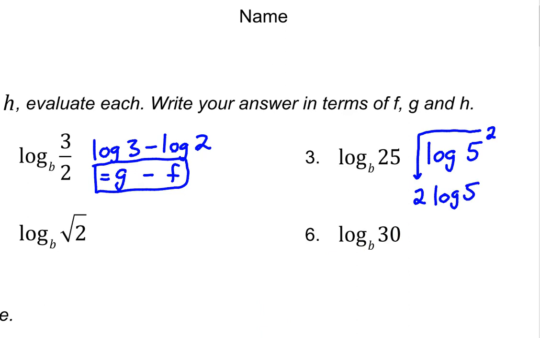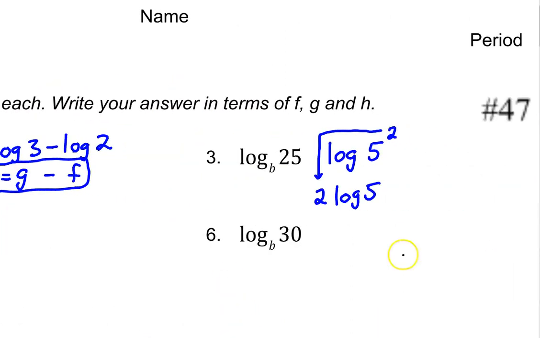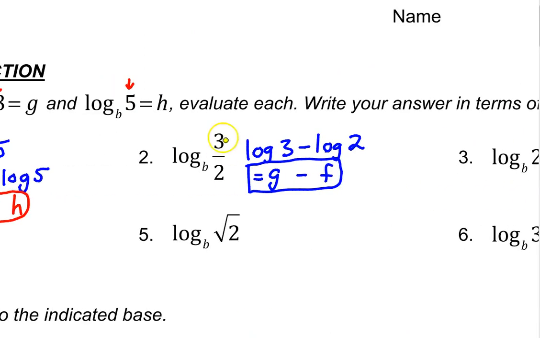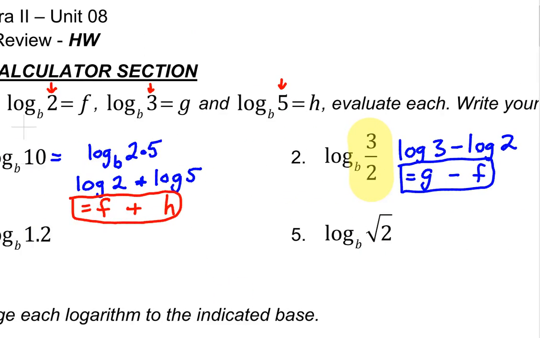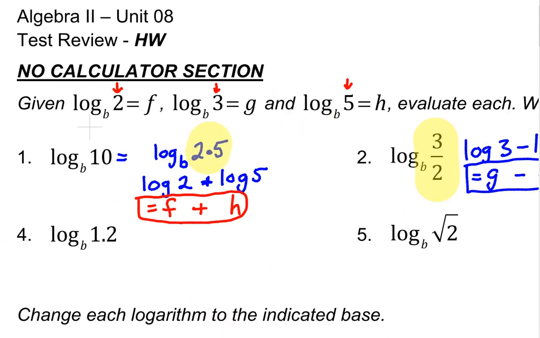And the log of 5 equals h. So this is going to equal 2 times h. So those are your three possibilities. Rewrite it using an exponent. Rewrite, well, this one was already division, or rewrite it as multiplication, and then you can use any of the properties that work.